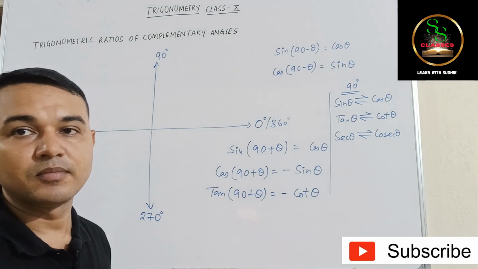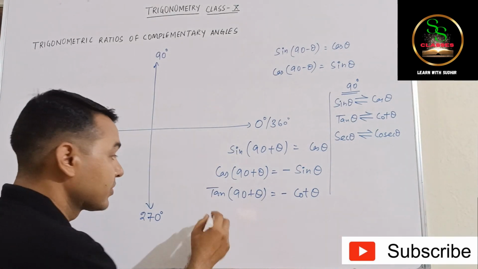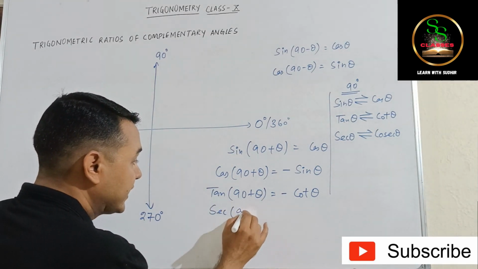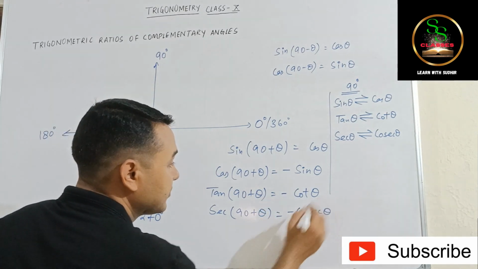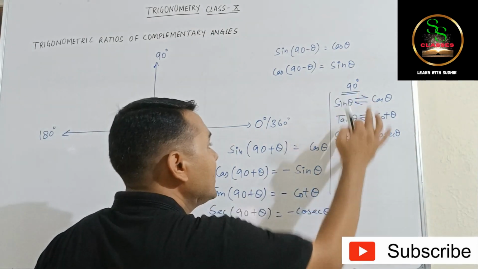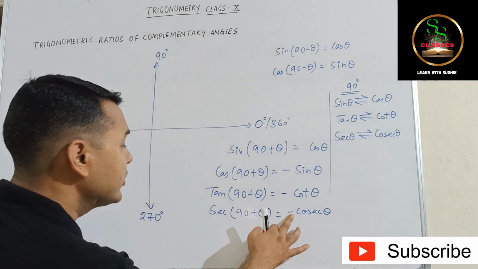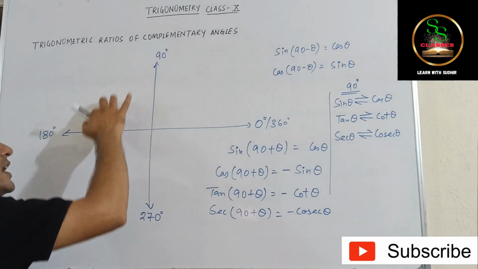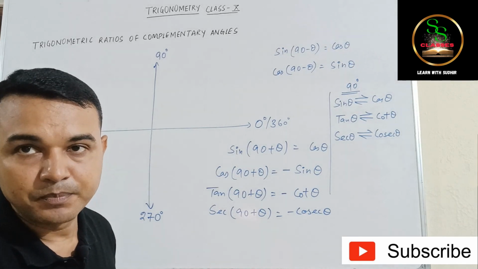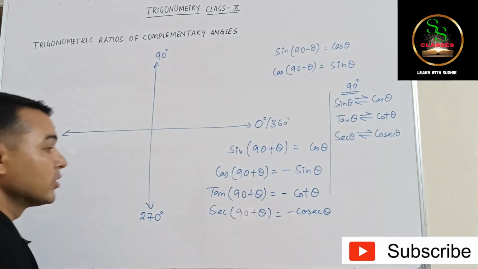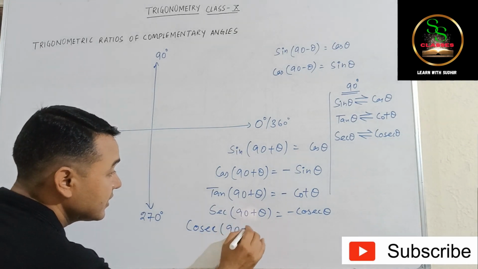I hope it is clear. Now sec 90 plus theta will become minus cosec theta. Why? We are changing with 90 degrees, so sec will become cosec, but a minus sign will come. Why will the minus sign come? Because sec in the second quadrant is negative, that is why a negative sign will come. I hope it is clear.